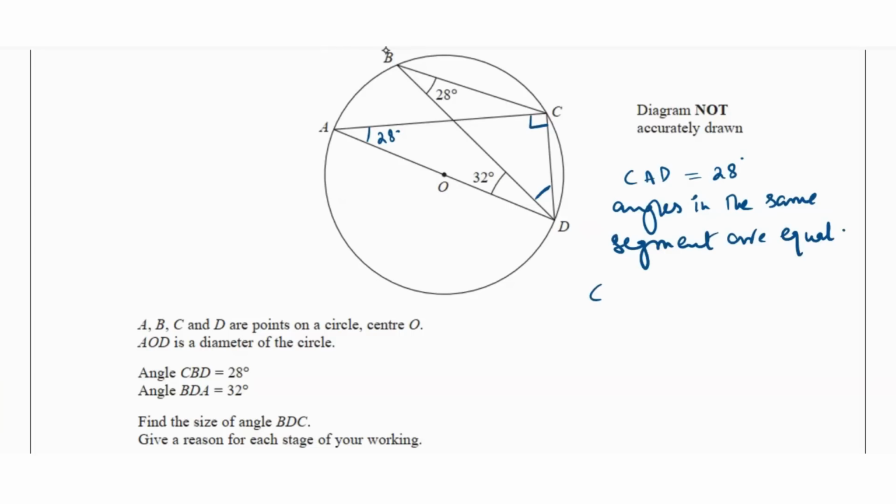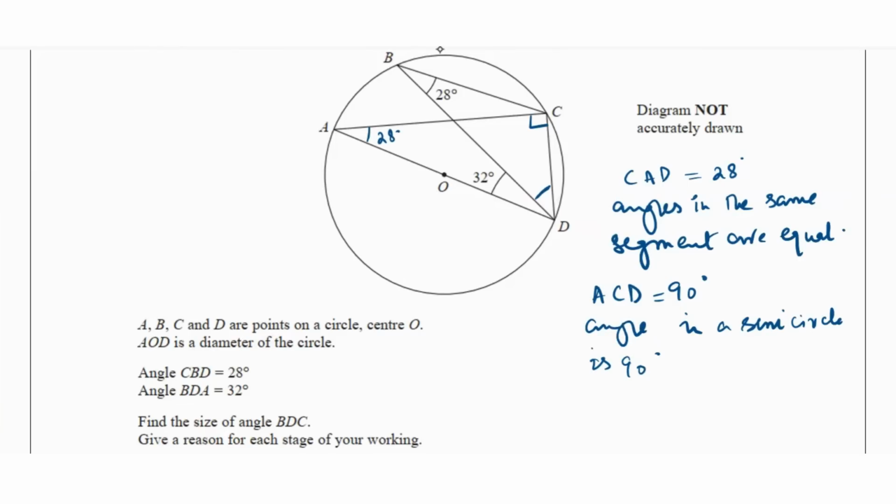So angle ACD is equal to 90 degrees because angle in a semicircle is 90 degrees.